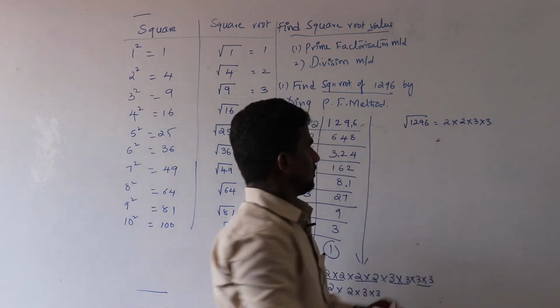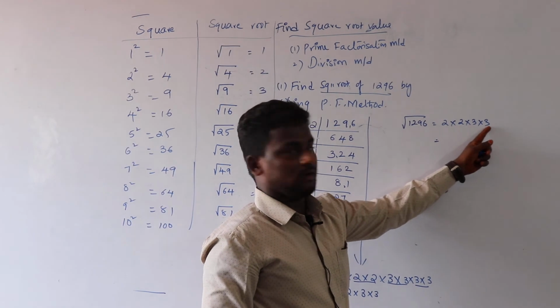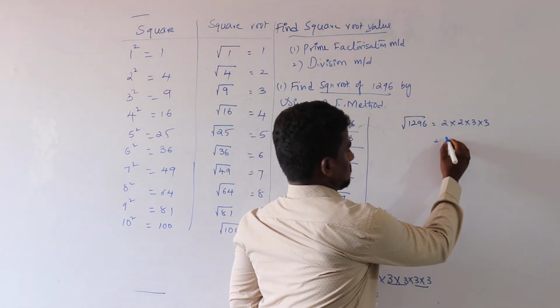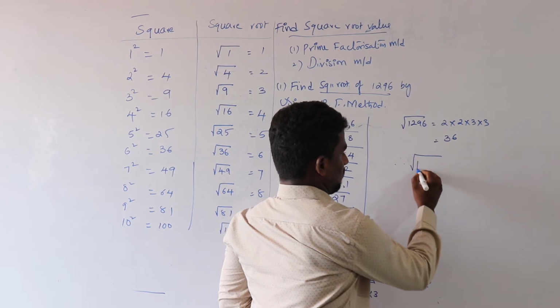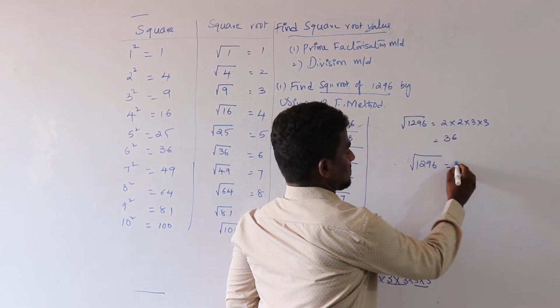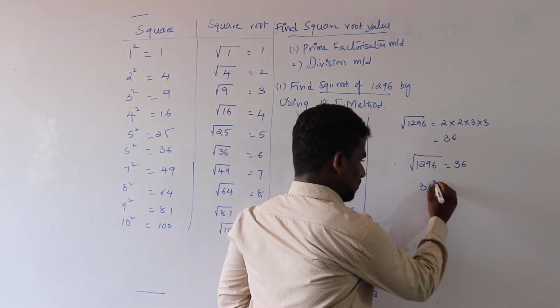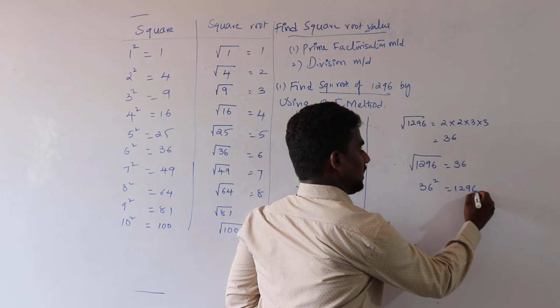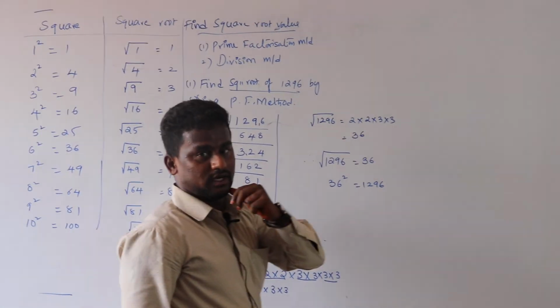So 2 2s are 4, 4 3s are 12, 12 3s are 36. So the square root of 1296 equals 36. So 36 squared equals 1296.